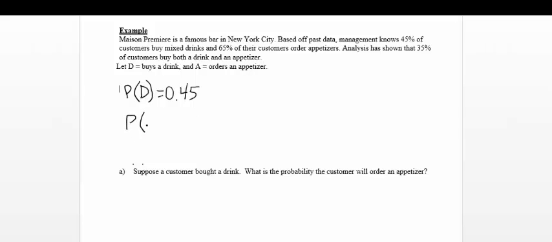Therefore, the probability of ordering an appetizer equals 0.65. Last number that we're given, 35% of customers buy both a drink and an appetizer. Probability of buying a drink and an appetizer.